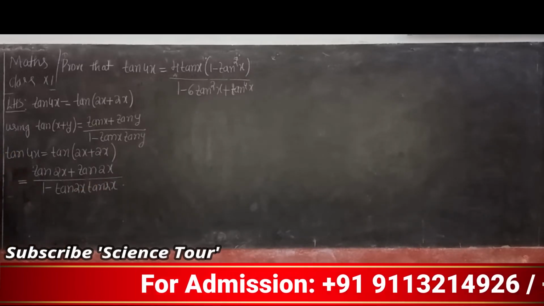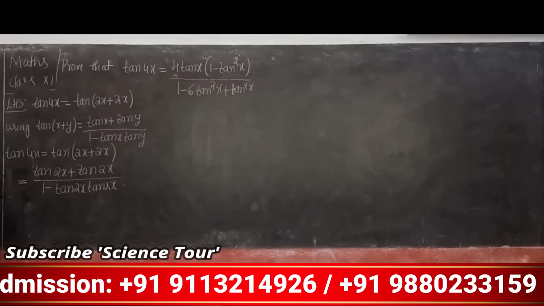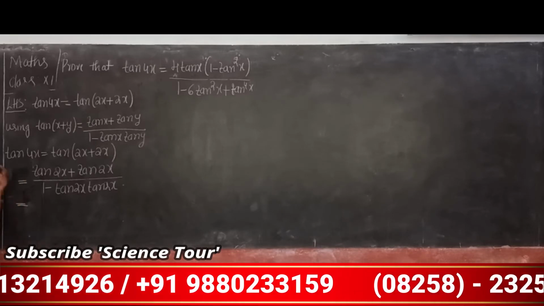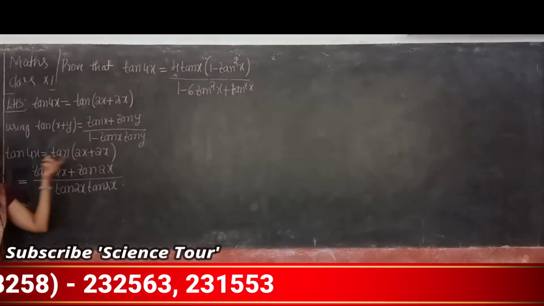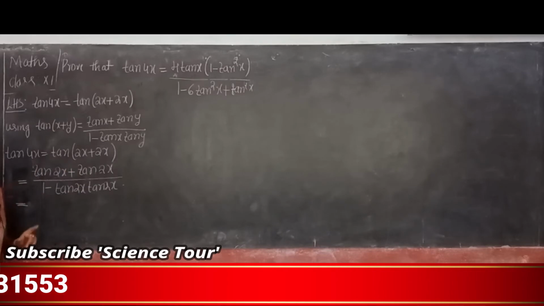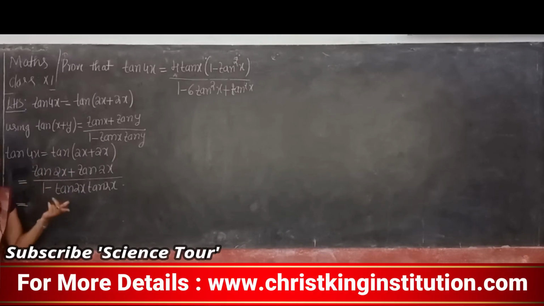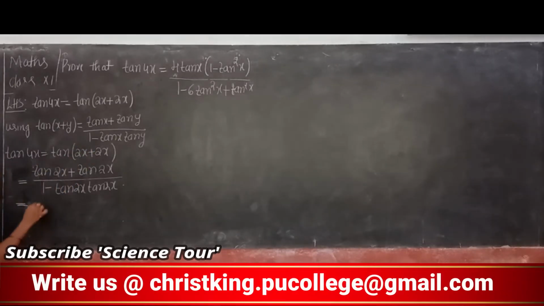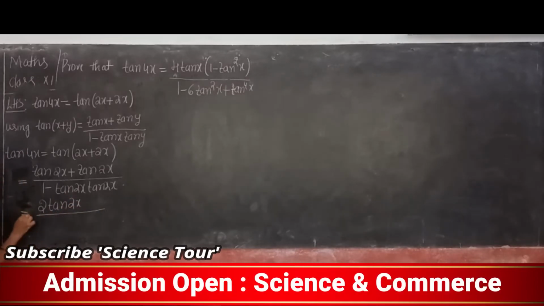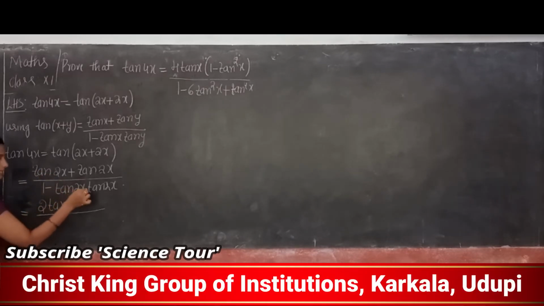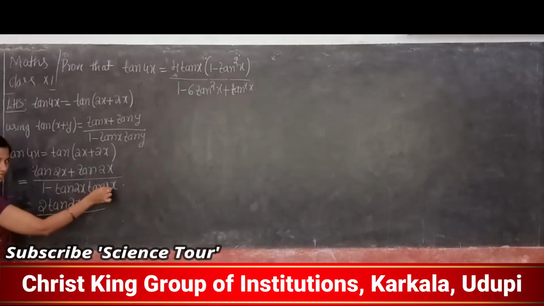Now tan 2x plus tan 2x is 2 tan 2x, correct, no? Divided by 1 minus tan 2x into tan 2x.